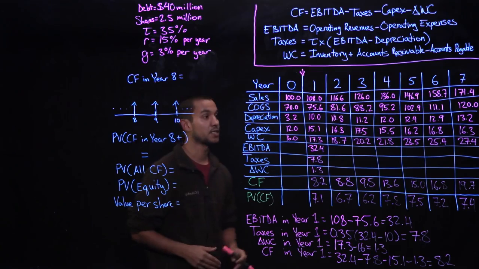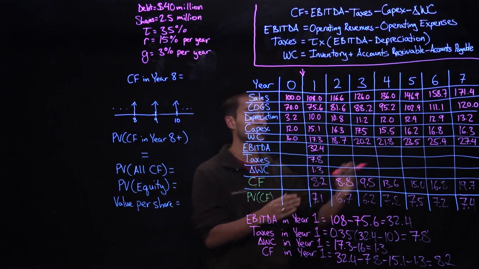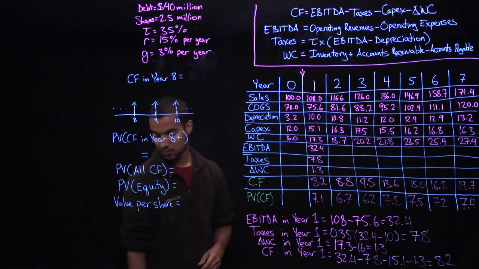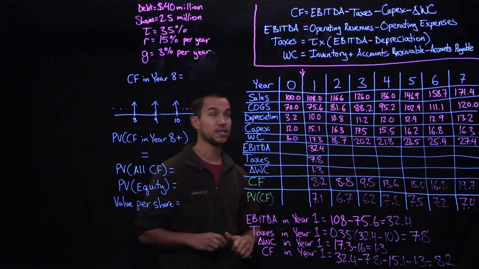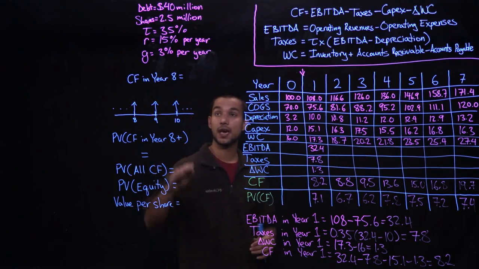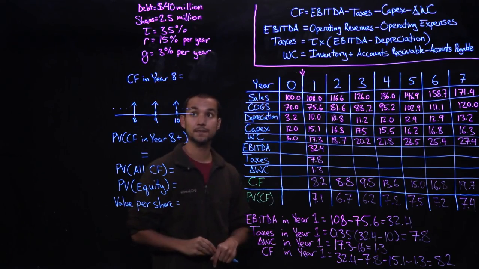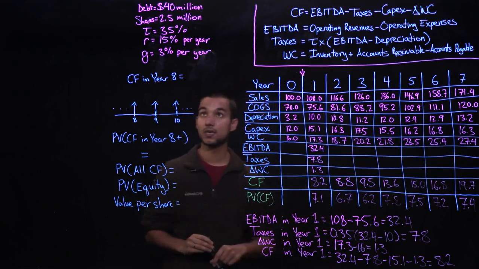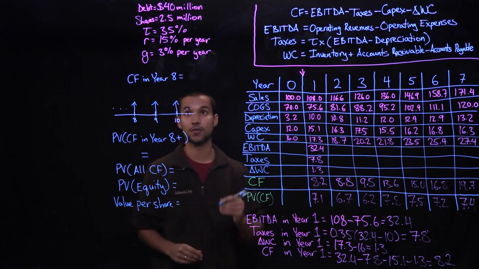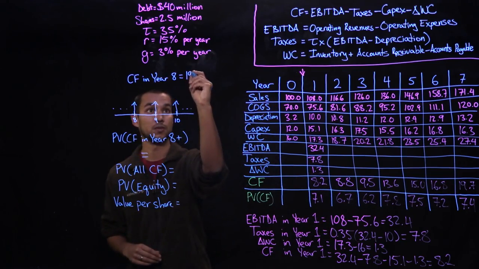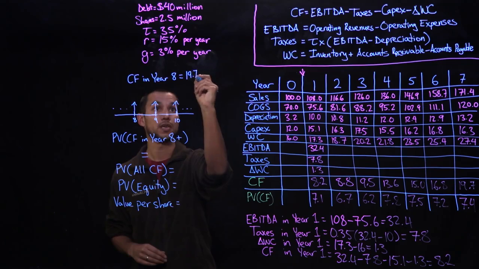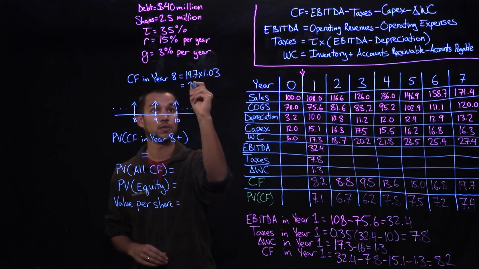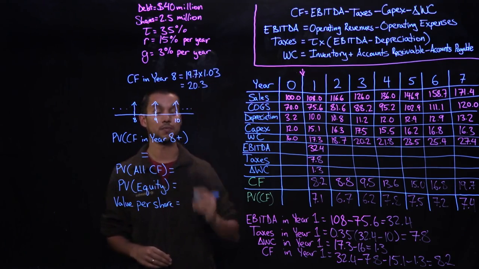The next step is to estimate the present value of all cash flows after year 7. In this problem, we're told to assume that cash flows after year 7 are going to grow in perpetuity at a rate of 3% per year. So our cash flow in year 8 is going to be 19.7 times 1.03, which is equal to $20.3 million.